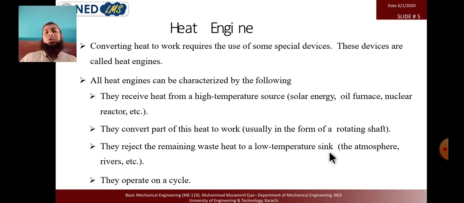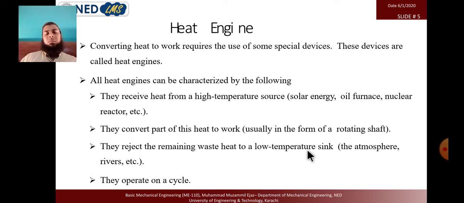They are all situated around a large heat sink, like a river or the sea. Kanupp is situated along the sea. Bin Qasim power plant is also installed on the Karachi coast, and HUBCO is also installed by the sea and in the stream of a river.